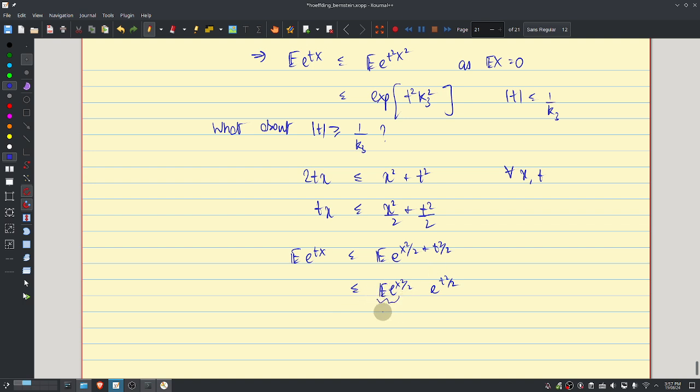This quantity is at most 1, and I'm assuming that t square is greater than or equal to 1 over k3 square.